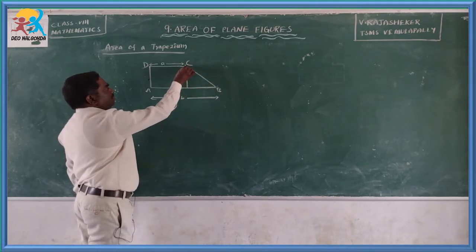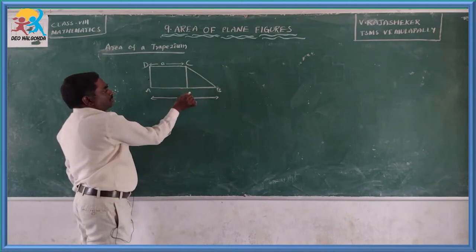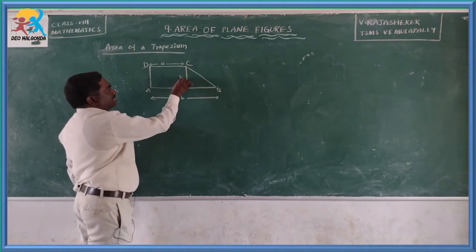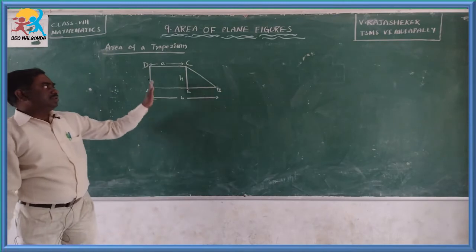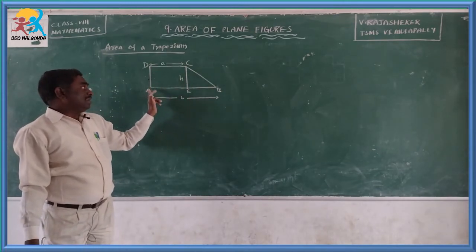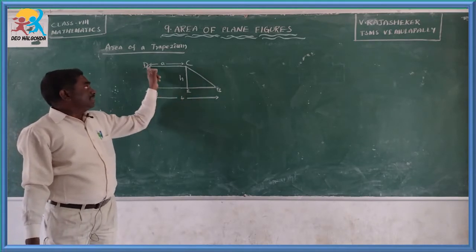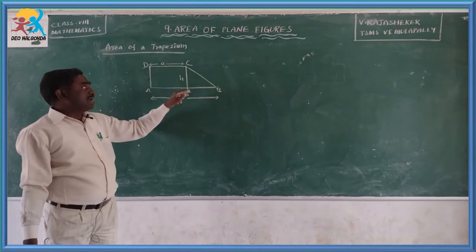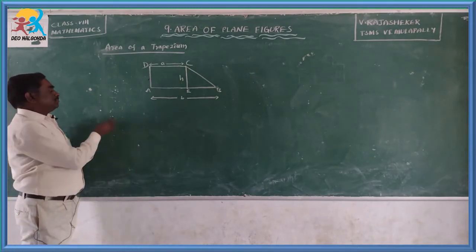The length of this perpendicular, let us consider h, and let this point be E. So ABCD is a trapezium, AB is b units, DC is a units, and CE is h units. Now how to find this area?